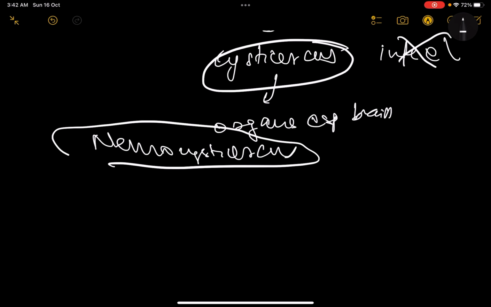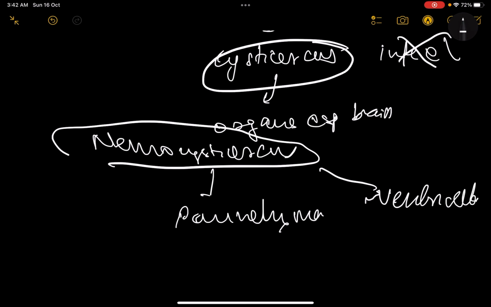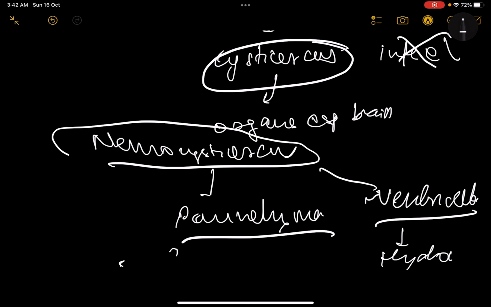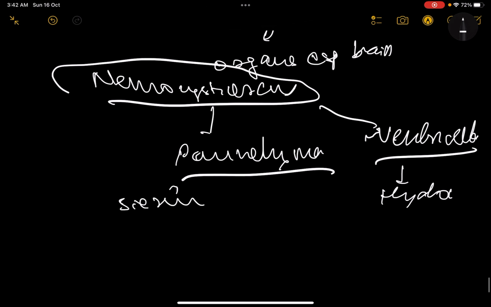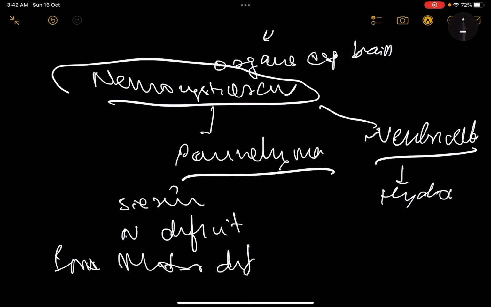Now neurocysticercosis is a parenchymal or even a ventricular disease, ventricular as in the brain ventricle, which causes hydrocephalus, or if it's parenchymal it can cause seizure, even neurological deficit, or even motor deficit, or sensory motor deficit, both.